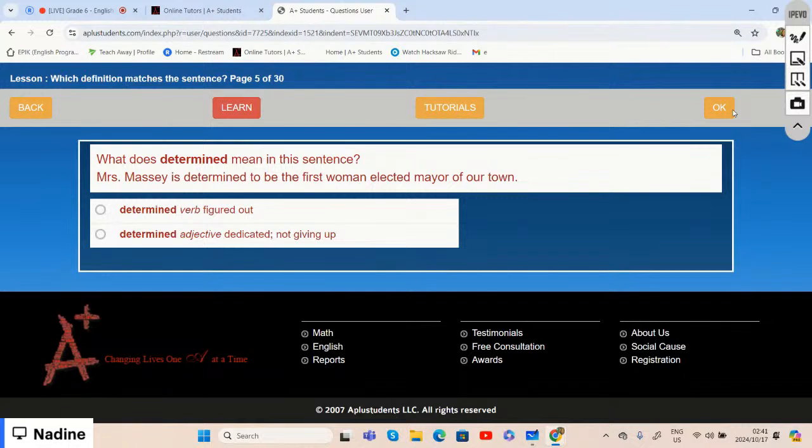It says, Mrs. Massey is determined to be the first woman elected mayor of our town. Determined. All right.